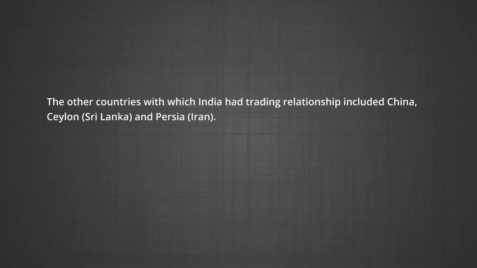This way, the British used foreign trade to drain out the wealth of India. The other countries with which India had trading relationship included China, Ceylon, now Sri Lanka, and Persia, now Iran.